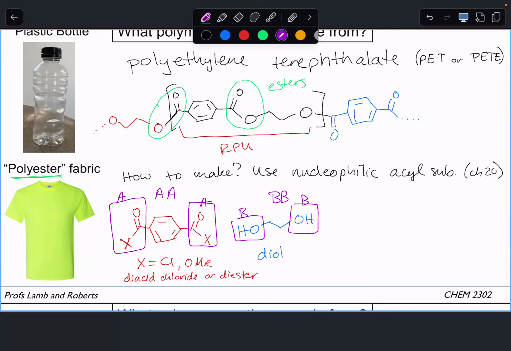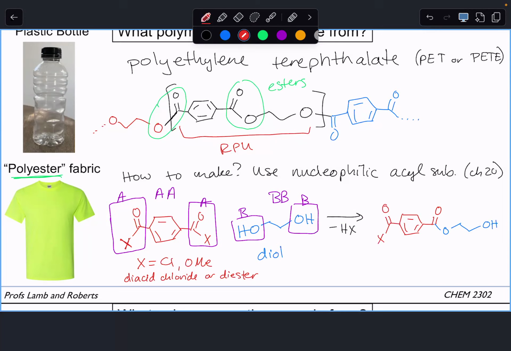And then you just react them together. So if we react these together, we lose HX using nucleophilic acyl substitution. Something like this.